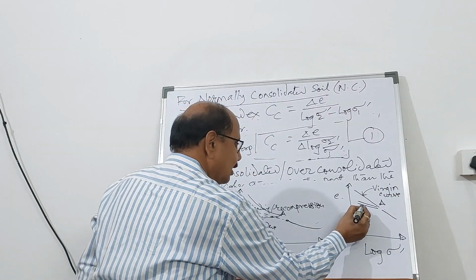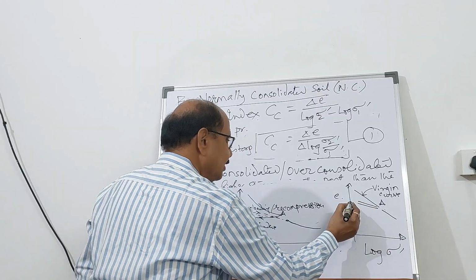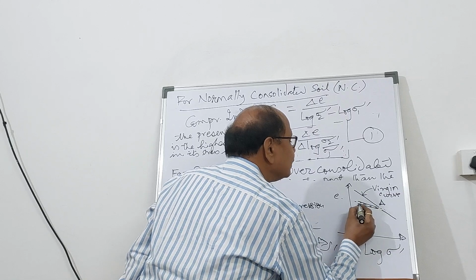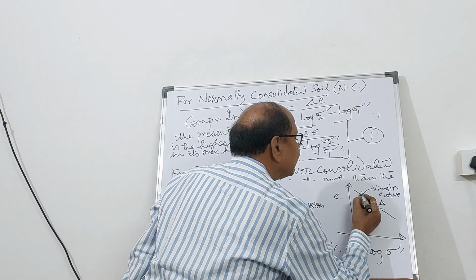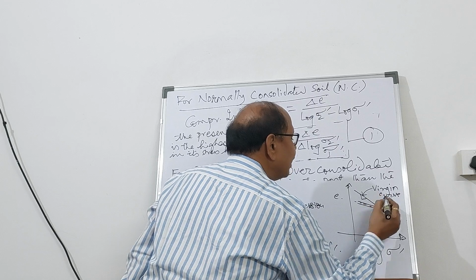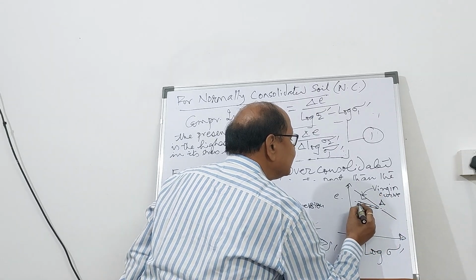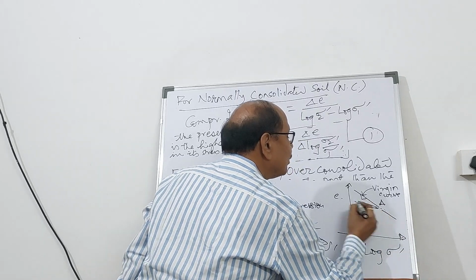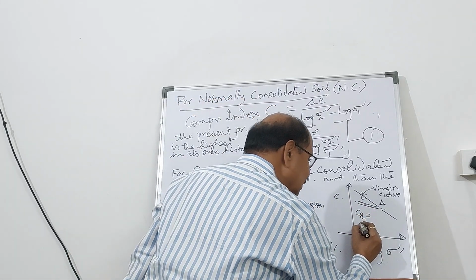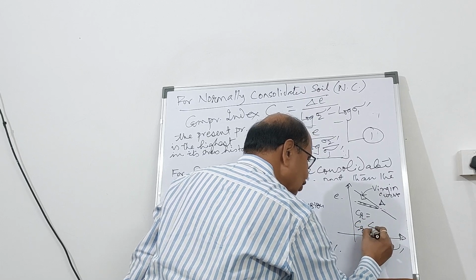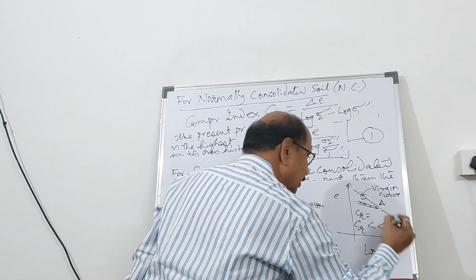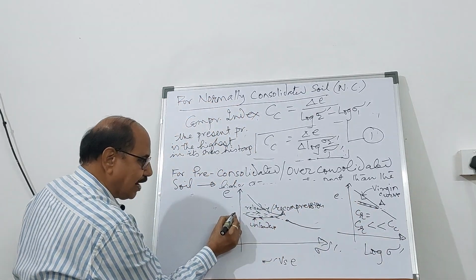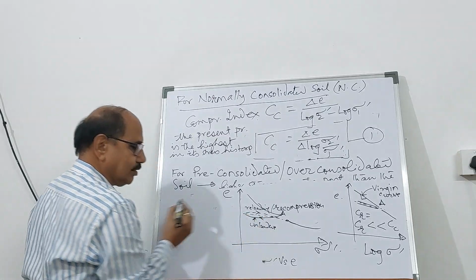And this is called unloading, this is called reloading, and the average slope of the virgin curve will give you the value of Cc, and this recompression curve will have its own slope. Now the recompression index is going to be much less than the compression index because this is flatter, whereas the virgin curve is steeper.